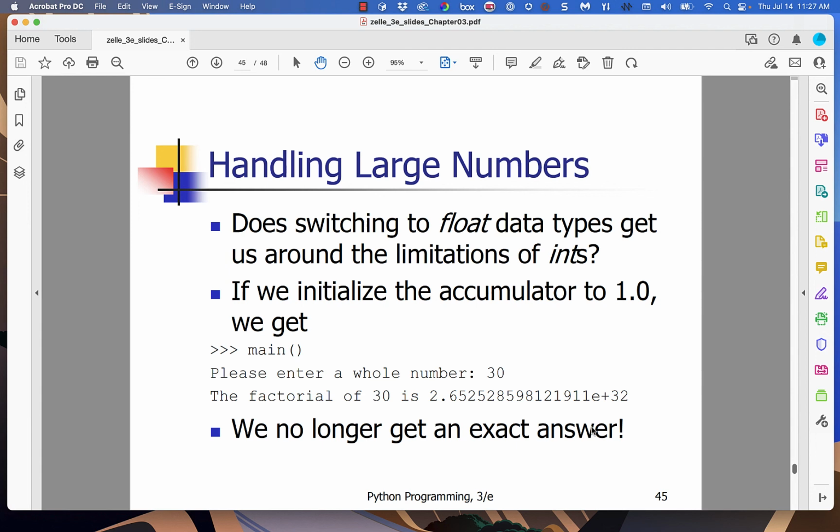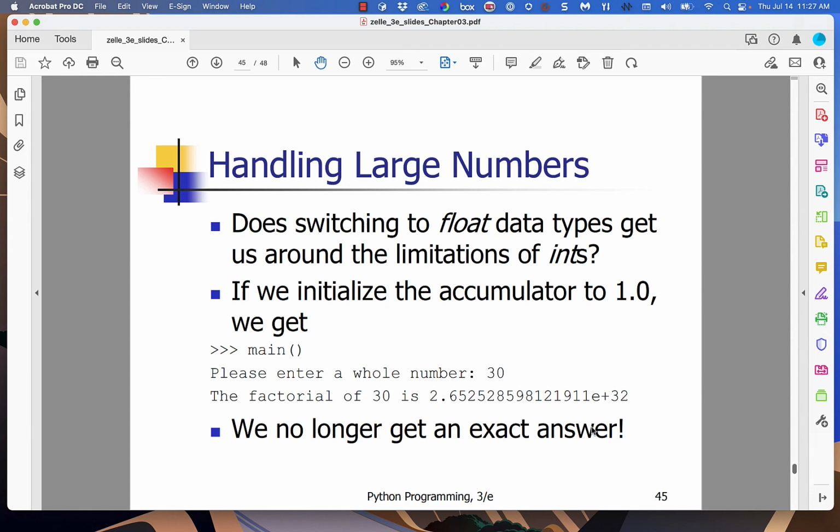Okay, what about float types? If we have a very large int value, would we want to represent it as a float? The problem is that floats only hold so much precision.